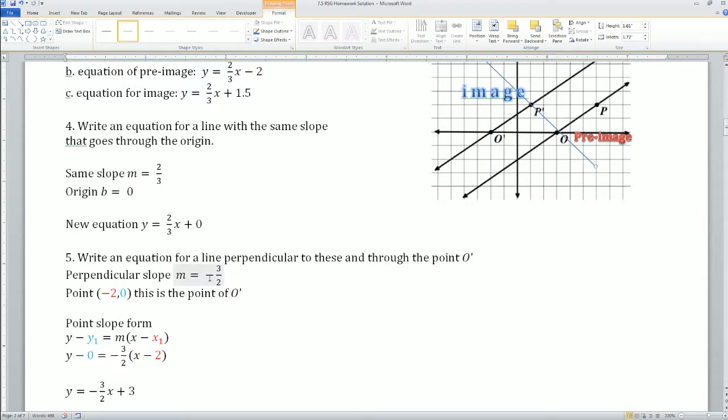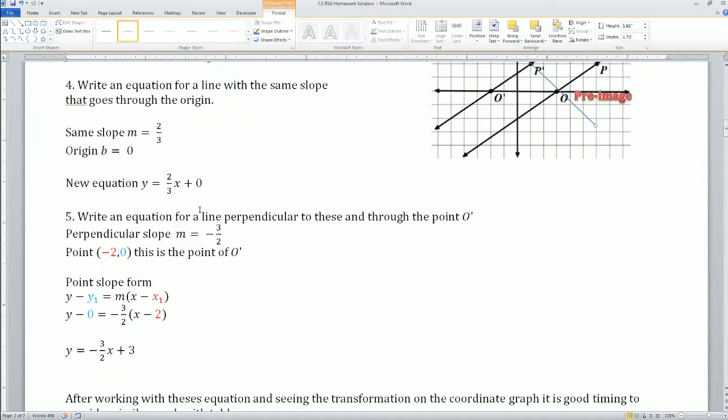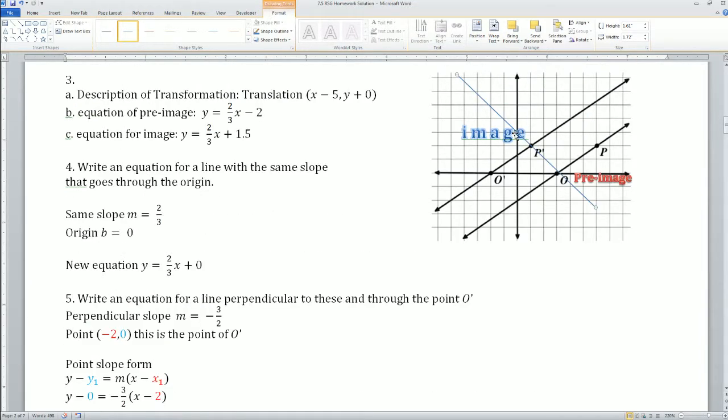Wait, but that is going through the point negative 2, comma 0. The perpendicular slope, which is 3 over 2, goes down 2, 3 across 2. The perpendicular slope going through O prime should look like that.